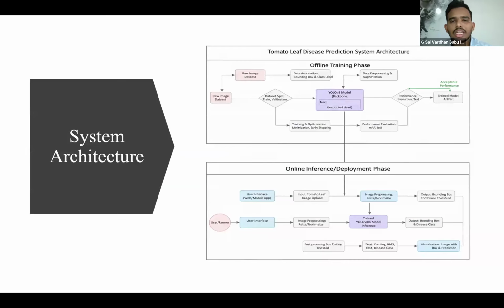Coming to the system architecture of our work, there are two different phases. In the training phase, we picked a raw image data set of five different classes, four disease classes and one healthy class. Every image in our data set is labeled with an annotation supported by YOLO.